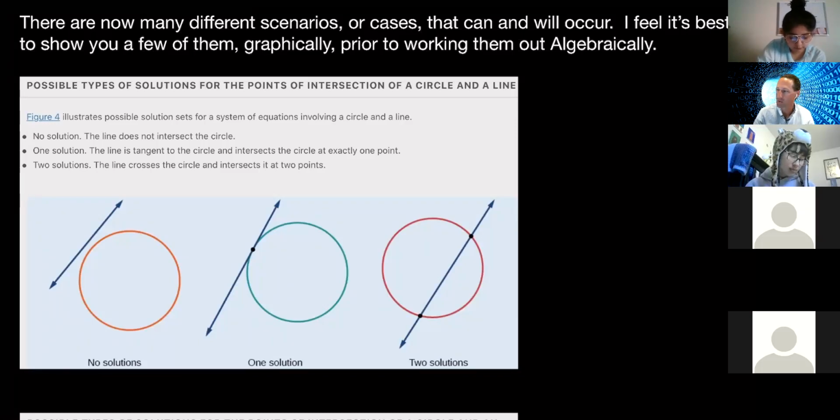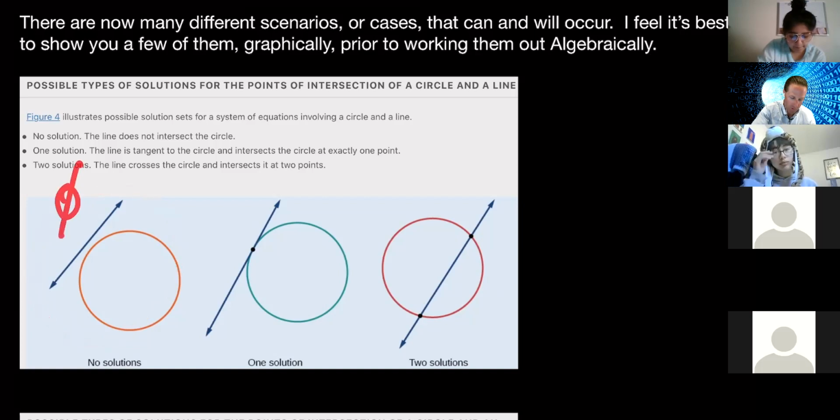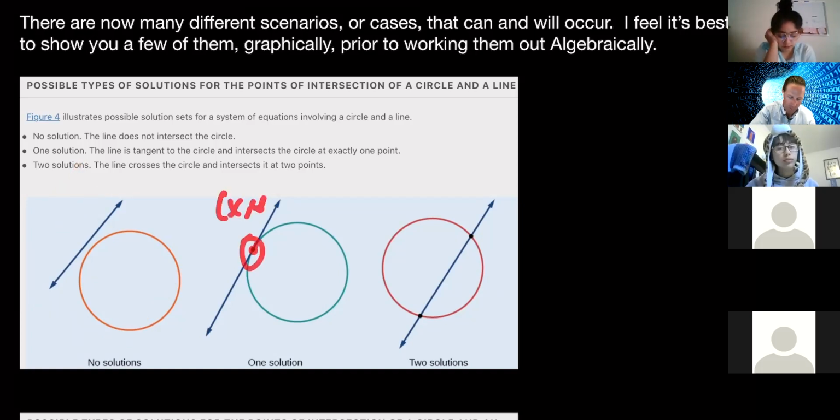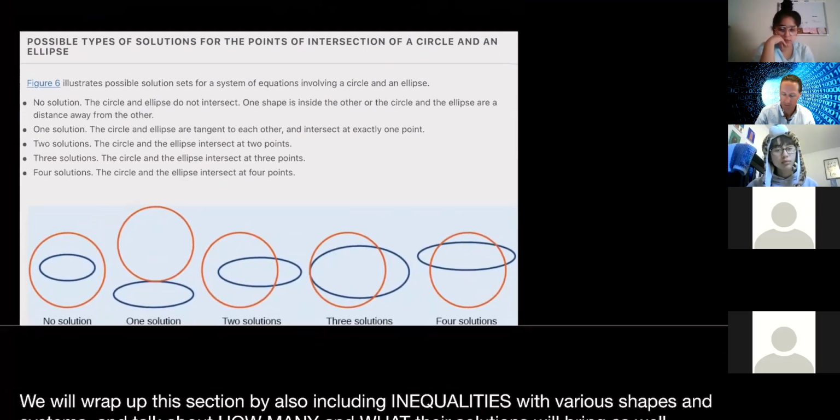A line and a circle could never touch, which means no solutions. One solution. Give me the x comma y that works for both. Or there could be two solutions where they intersect. Okay? How about two circles? No solutions. One solution. Two solutions.